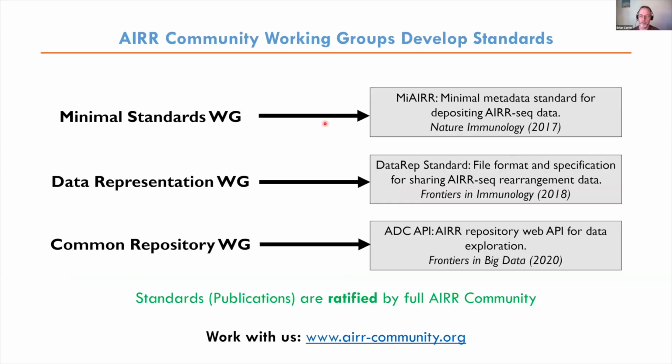The way those standards are formed is by the working groups coming together and putting forth a standard. There are 3 standards here that I'm talking about. The first was in 2017, and came out of the Minimal Standards Working Group. There's a data representation standard and a query API standard for querying and finding AIRR-seq data.